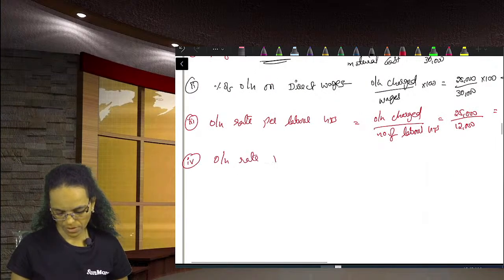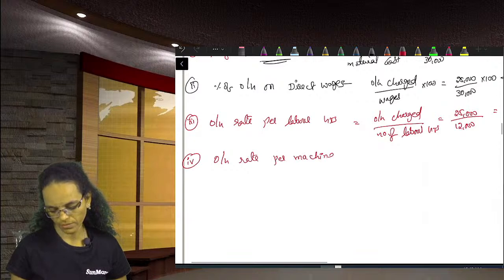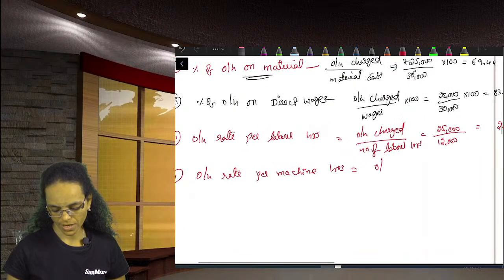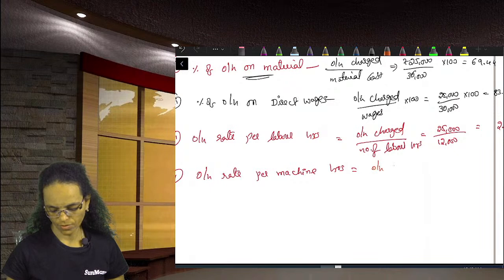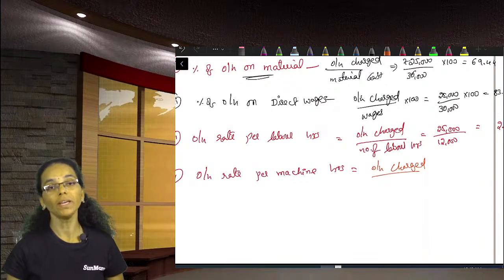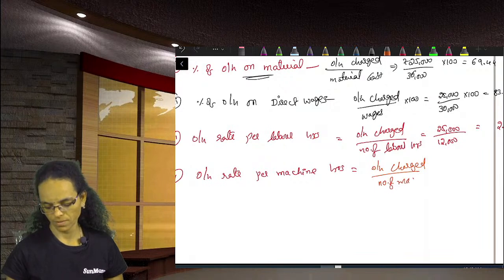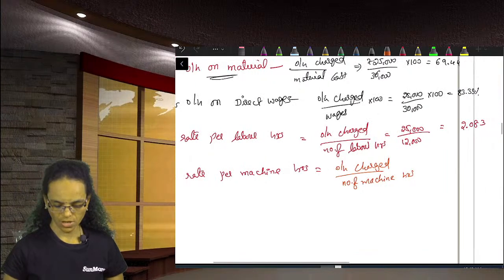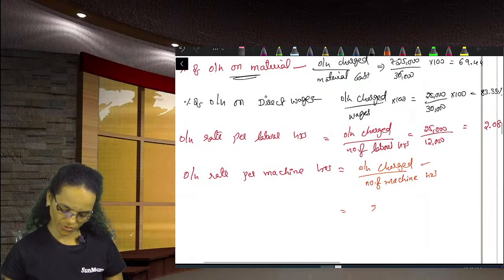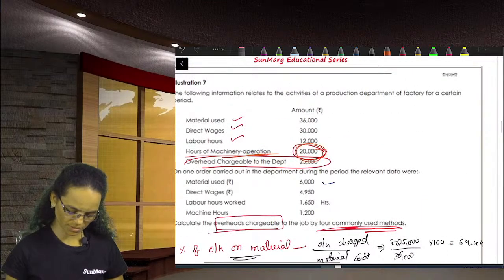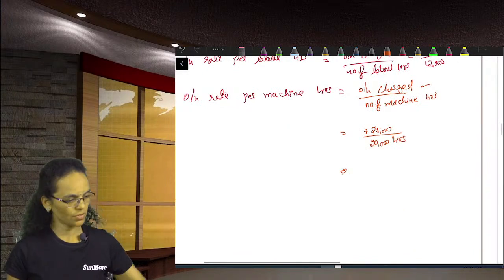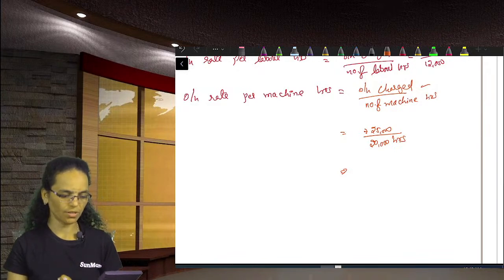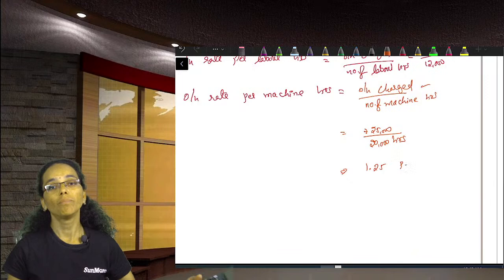Overhead rate per machine hour is overhead charged divided by number of machine hours. So overhead charged was 25,000, number of machine hours 20,000 hours. So 25,000 divided by 20,000, that is 1.25 per machine hour.